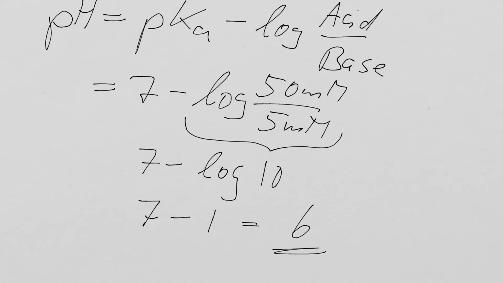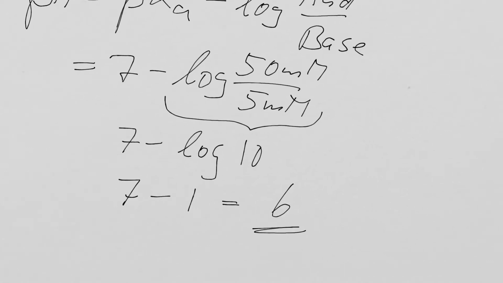Does that actually make sense? Yes, it does, because we have more acid than we have base. More acid means lower pH. What happens if we have 5 millimolar acid and 50 millimolar base? pKa 7.